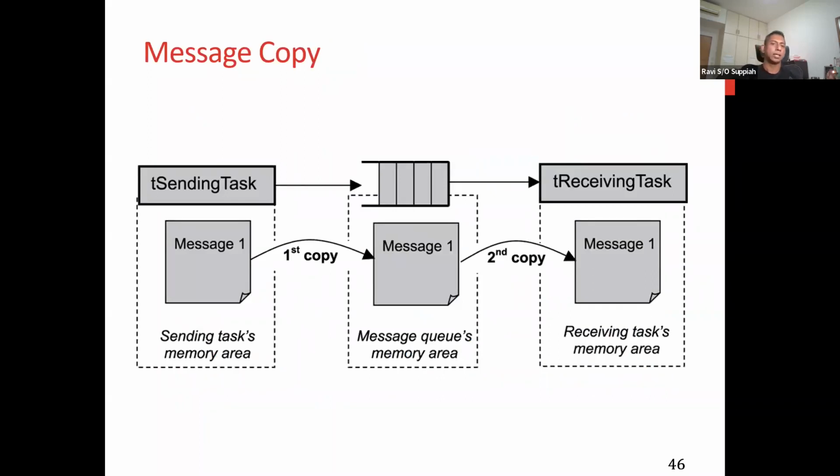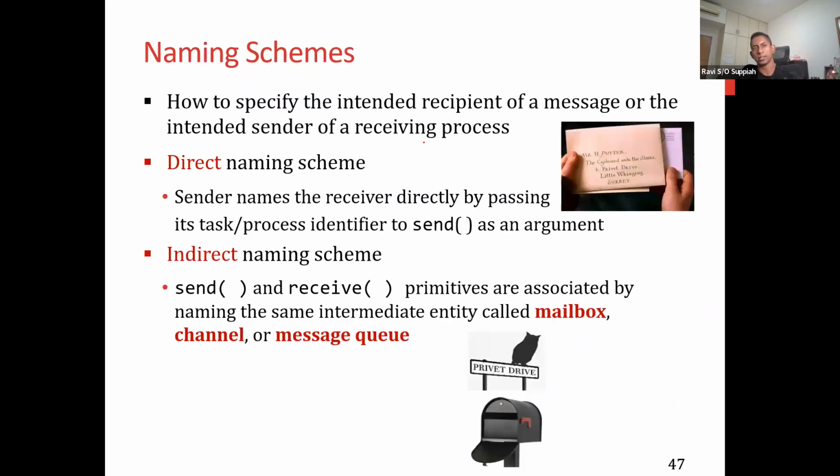In this concept, the actual data in task A is still there, and task B is receiving a copy of the data through the message queue. That is what the concept is trying to illustrate here.